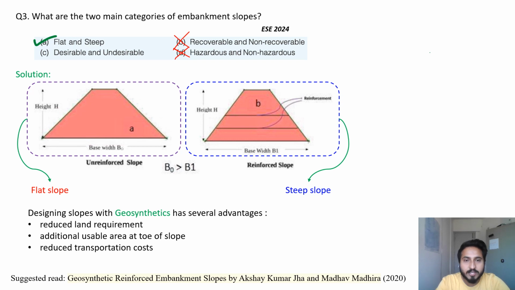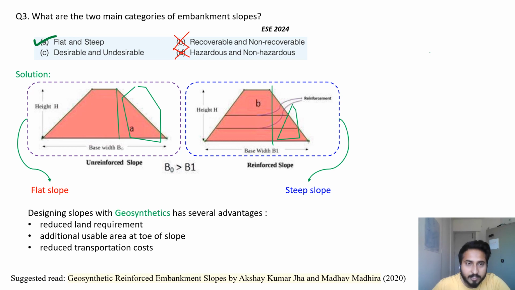What it will do is reduce a lot of land area required, because as you can see, if we show it here, the land area here is too much. This much of land area you require extra. Again, here if you see, the land area reduces. I think the drawings are not correct.